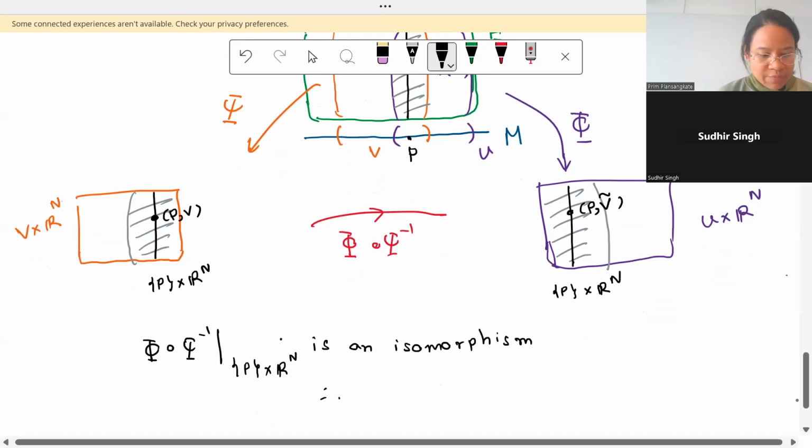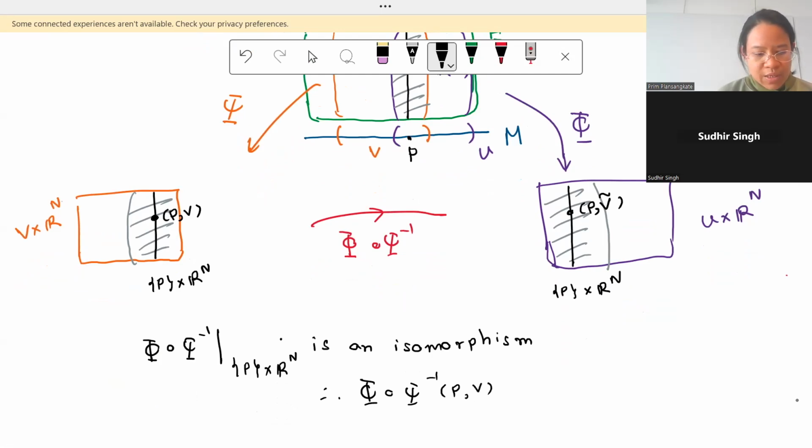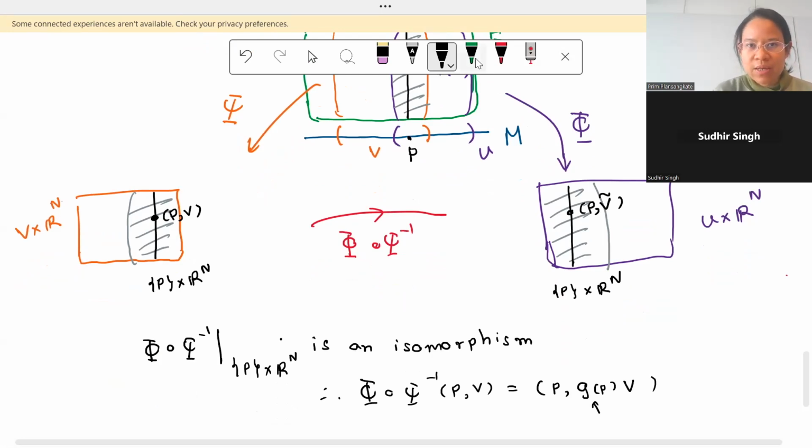So we would have that it maps P, v to, in fact, P and v tilde, but v tilde, because it is an isomorphism, has to be multiplication of v by an invertible matrix.